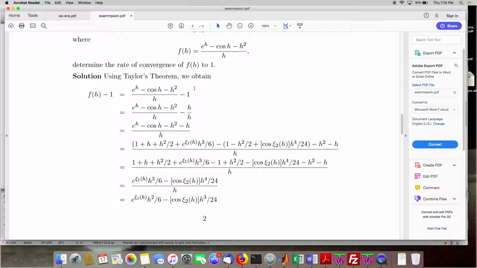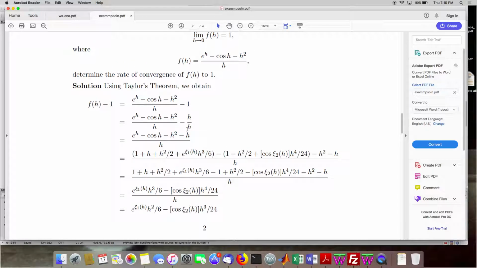Let's see, what else did we have here? We have an h right here. But also, because the limit was 1, I rewrote the 1 as h over h. So this is where we're working with our Taylor series. Notice there's an h in the Taylor series for exponential.